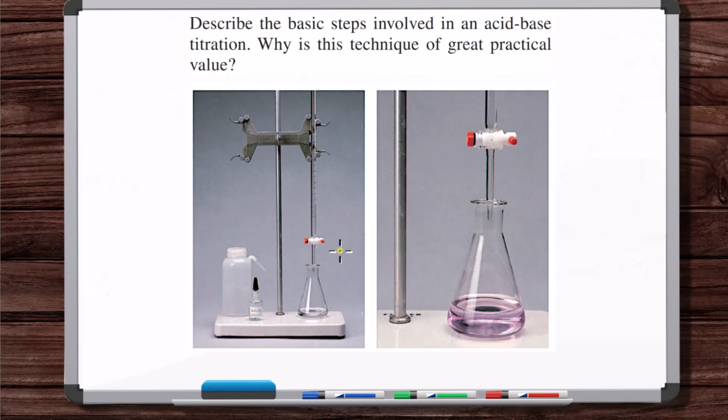You stop the titration, and the next step is you record how much of the burette solution was added to get to the equivalence point, the volume of the burette solution. Okay, and so now you have all of the information you need to determine the concentration of the unknown solution.